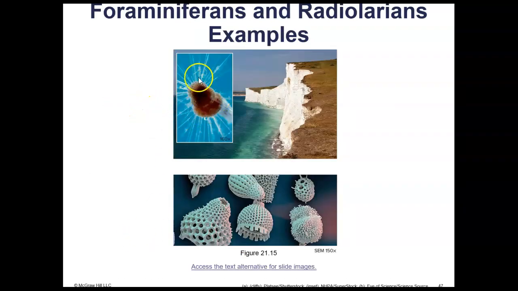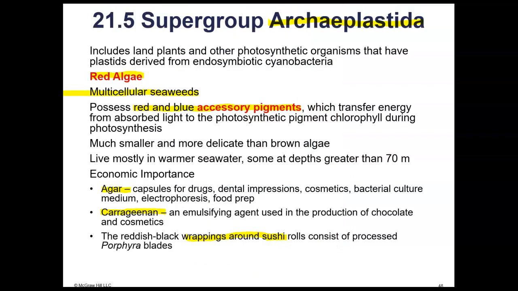The top image is a foraminiferan, and the bottom, the one that's got the white test with all the holes in it. And we do have this in lab as well. We have a slide of the radiolarians in lab. So the supergroup Rhizaria, the organisms in the Rhizaria have pseudopods, and our examples are foraminiferans and radiolarians.